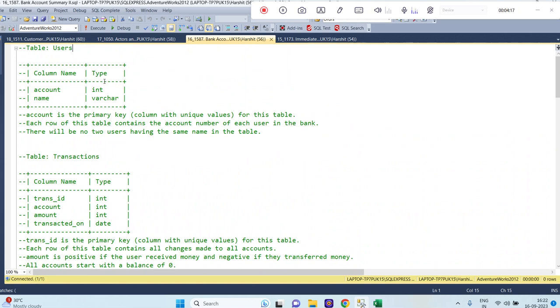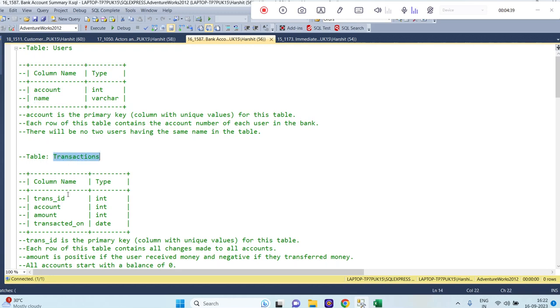So here they have given us the users table. In the users table, the account and name columns are given. Account is the primary key for this table. Each row of this table contains the account number of each user in the bank. There will be no two users having the same name in the table. And another table is the transactions table.